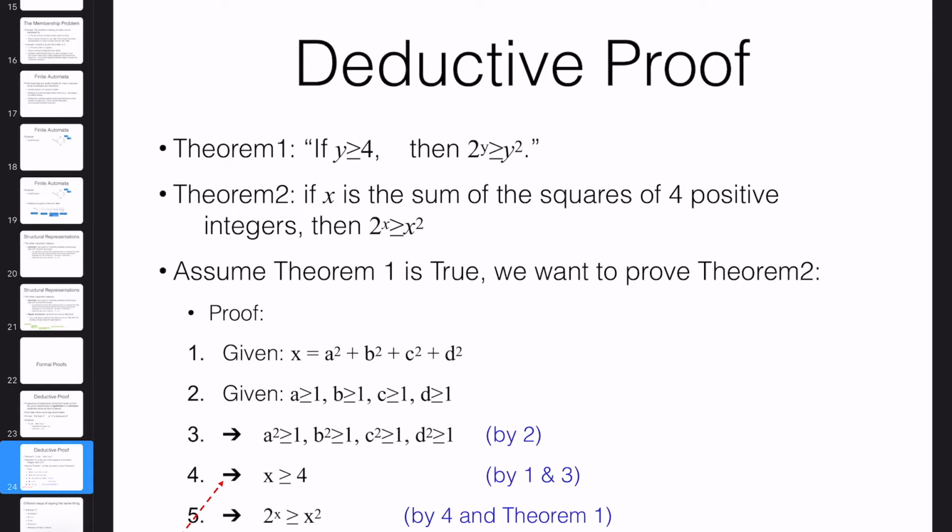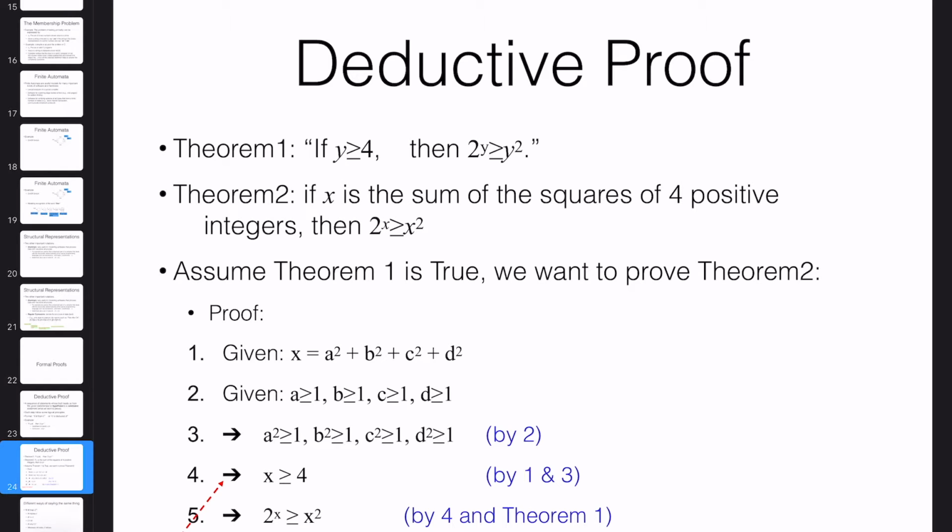Okay, here I'm going to show you one example that we prove using a deductive proof. Here I have two theorems, theorem 1 and theorem 2. I'm assuming theorem 1 is true. I am not proving that one. I want to use it to show that theorem 2 is true. To prove theorem 1, you can find it in your textbook.